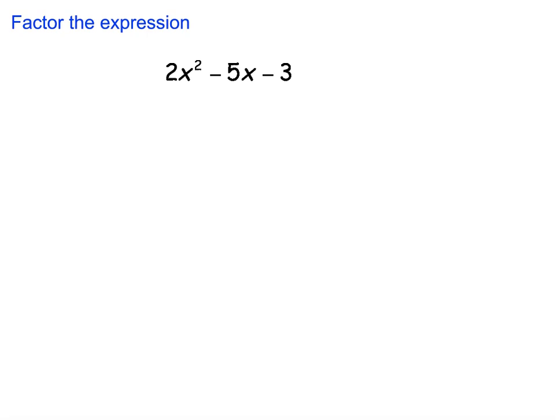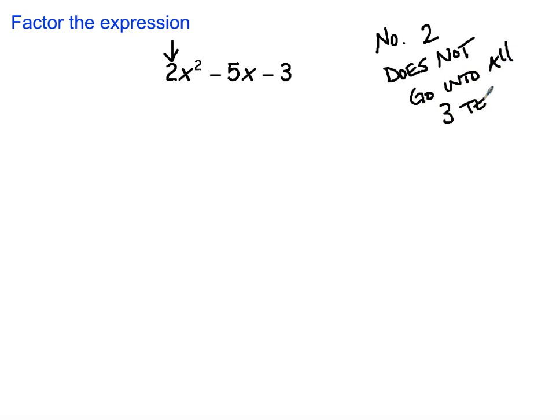Let's try another one. So again, I look at the leading coefficient, which is a 2, and I ask myself, does 2 go into all three terms? In this case, no. 2 does not go into all three terms. Okay, so that means it's the more complicated kind of factoring.